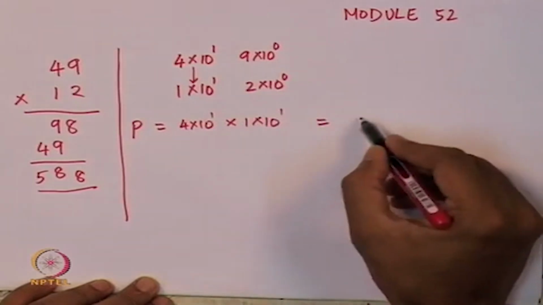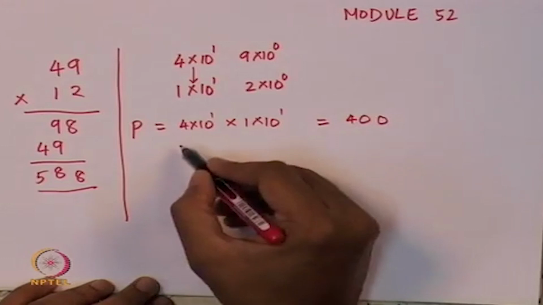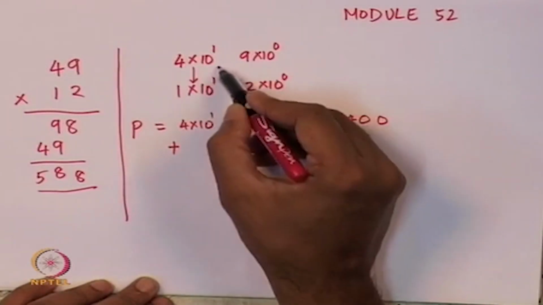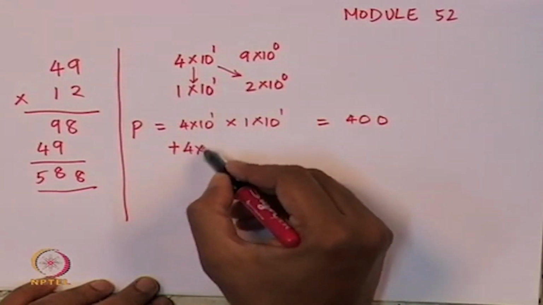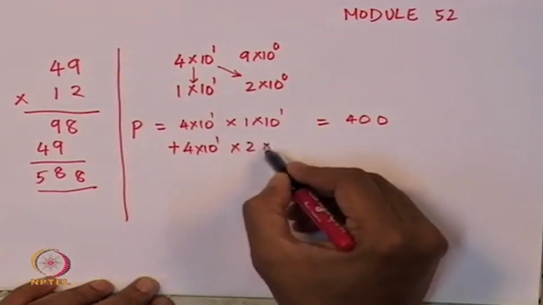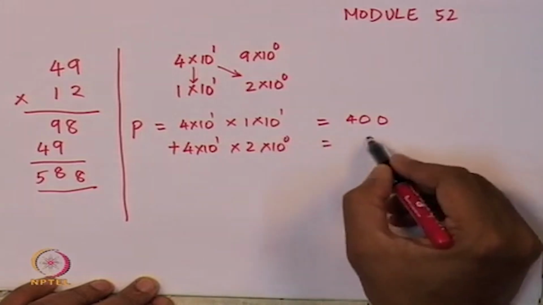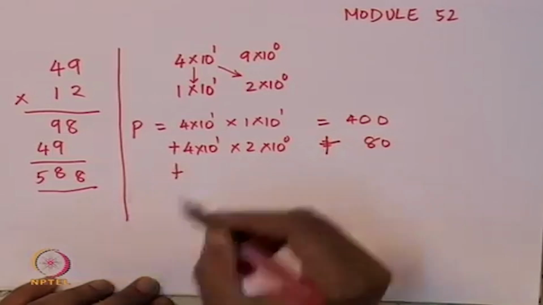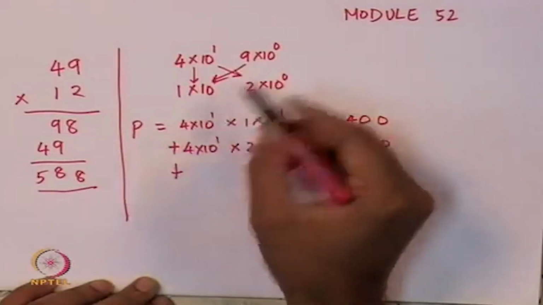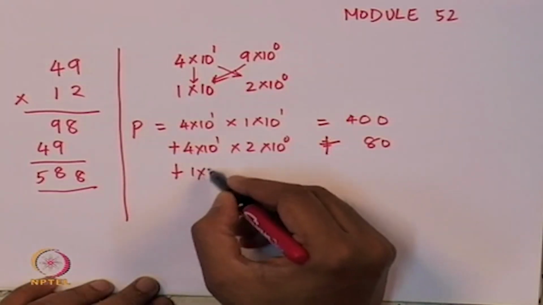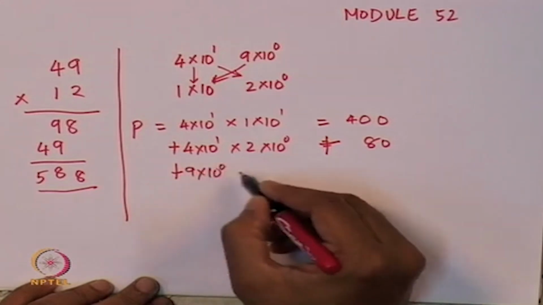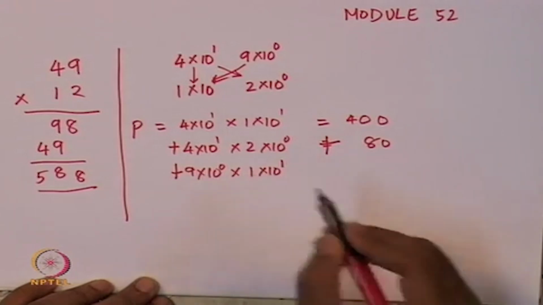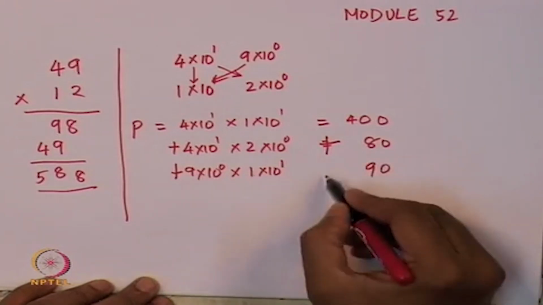So the result is 400, right, plus, then let us say I do these two together now, 4 into 10 power 1 times 2 into 10 power 0, that is 80, right. Then I am going to add, let us say these two I will multiply together, 9 into 10 power 0 times 1 into 10 power 1, so that is 9 into 1 into 10, that is 90.